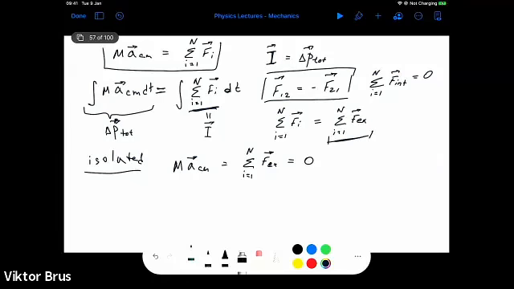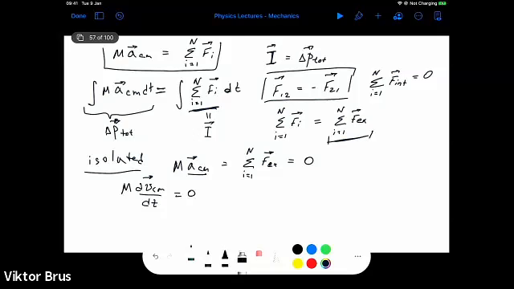So it means that the product of M and a, where a is the derivative of velocity, so M d v of the center of mass divided by dt, is equal to 0.